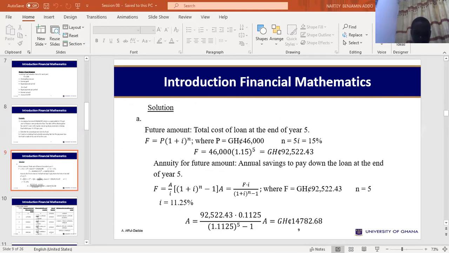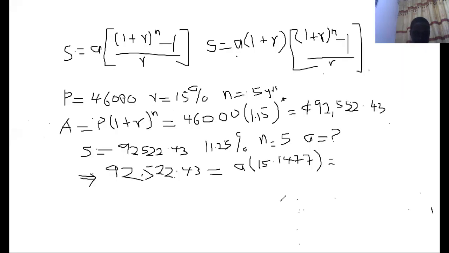So 1.1125 raised to 5, divided by 0.1125.